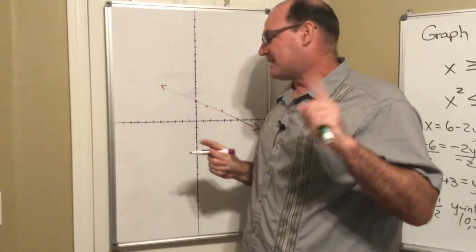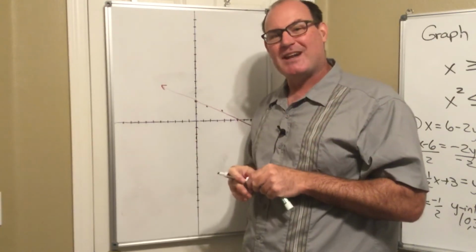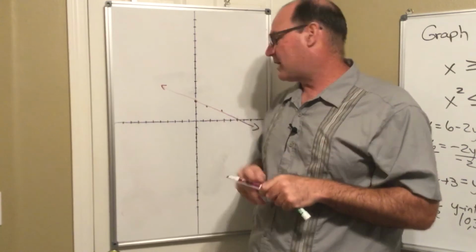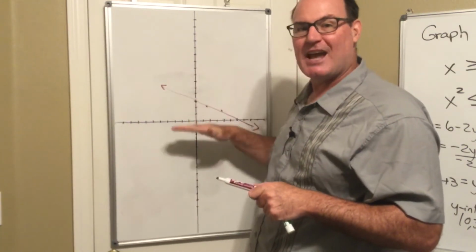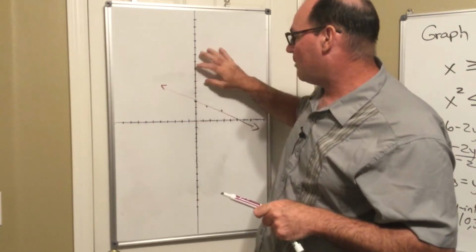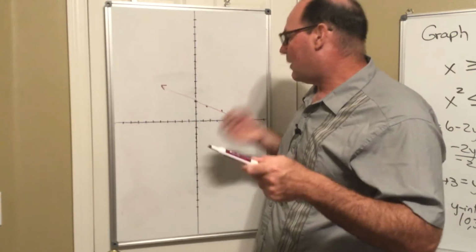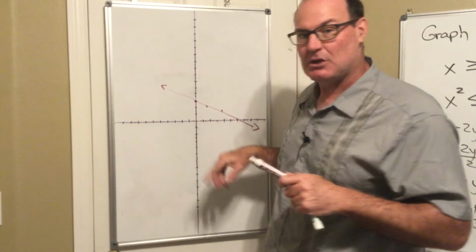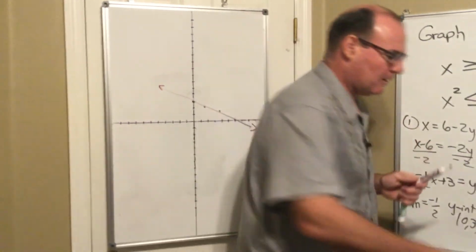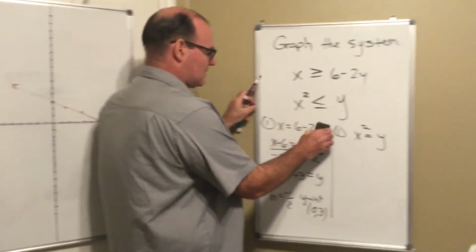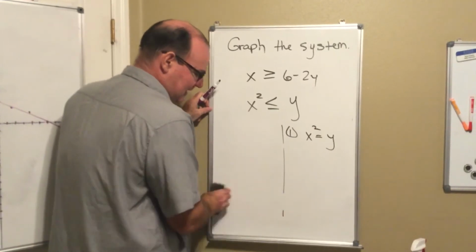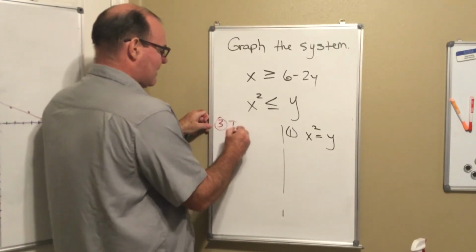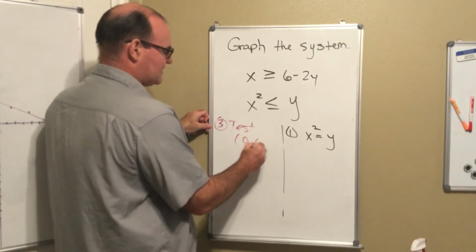Let's do this one at a time so that it doesn't get too confounding. So I'm going to go back to my other board. I need to know which way I'm going to shade for this line. Am I going to shade above or below? Once again, just because it's my habit when I'm able to, I'm going to pick the test point 0, 0. So I'm going to erase the work for step 1 because we've already done it. For step 3, I'm going to test the point 0, 0.